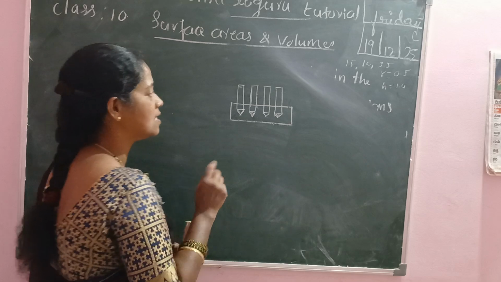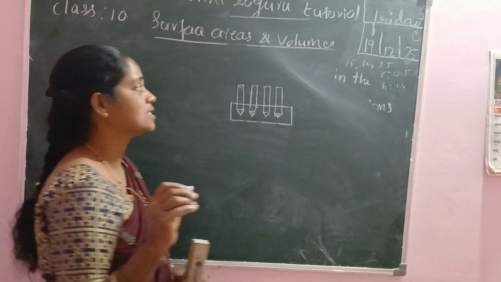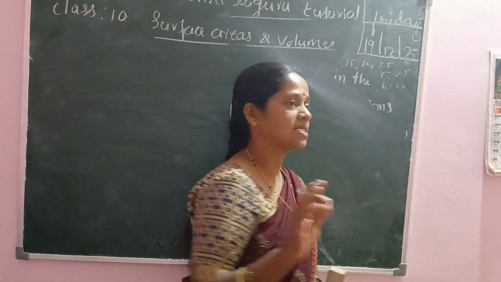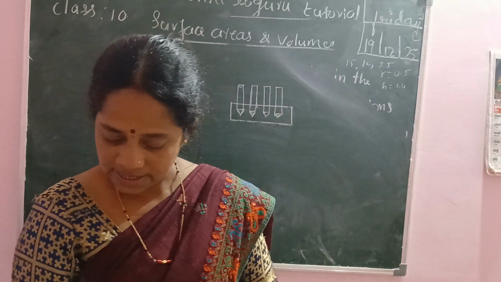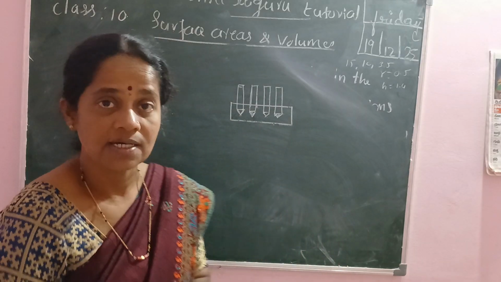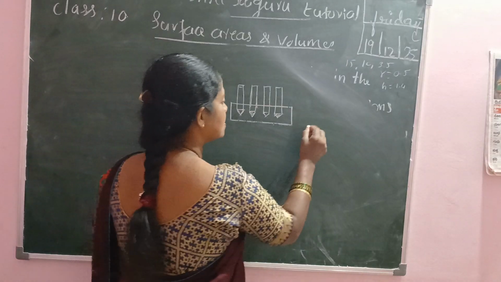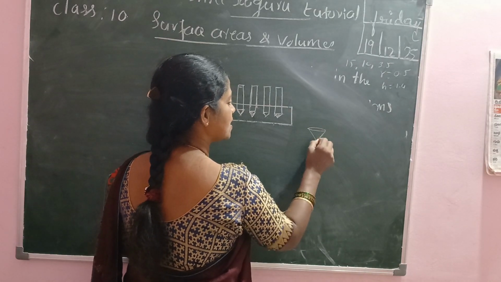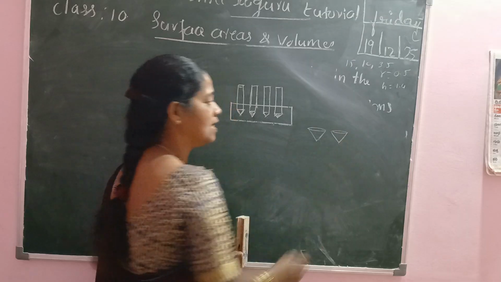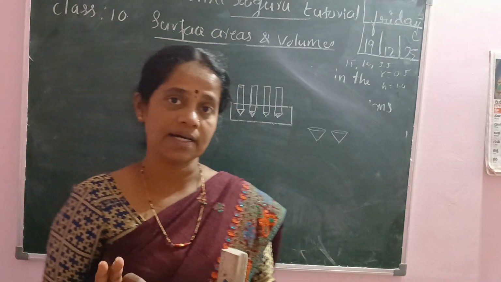The radius of the depression is 0.5 cm. Then the depth of the depression is also given, 1.4 cm. So here you have depressions, and each depression is in the form of a cone. Four pens are there, okay?